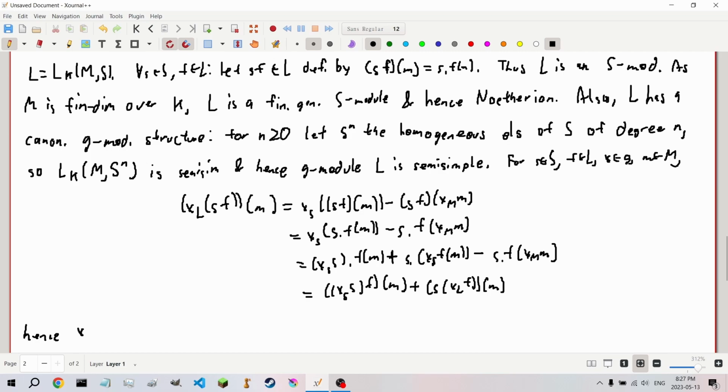Hence, xl of sf is equal to xs of s f plus s of xlf.